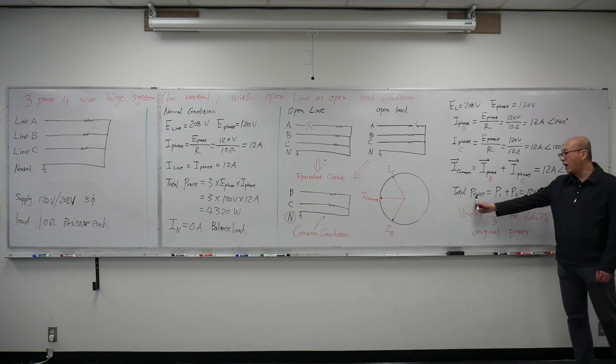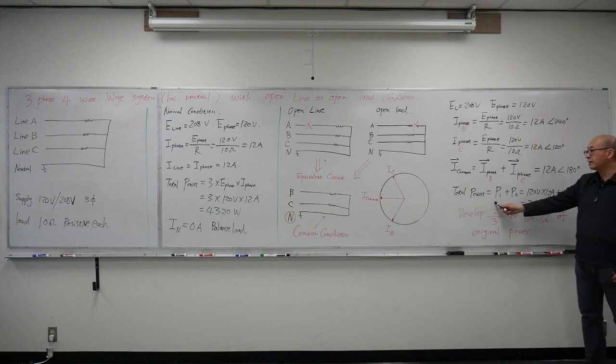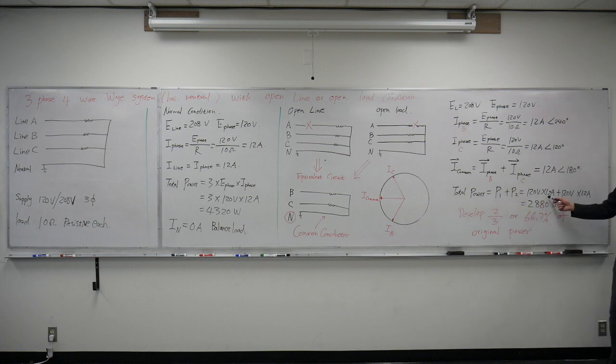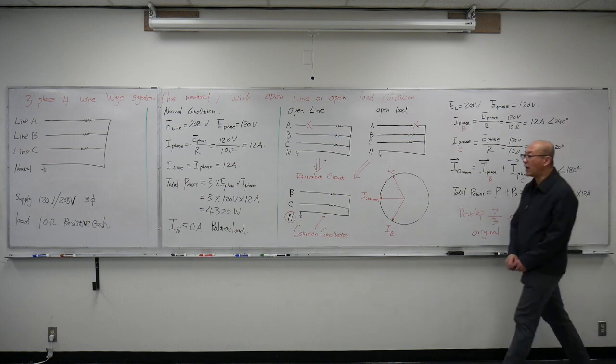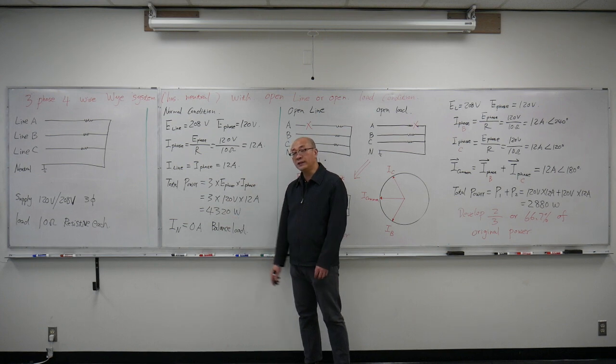Now we calculate the power. We only have two phases in there, and these two phases each develop power. The power we calculate by using volts times amps. Now we have a total power developed in the circuit of 2880 watts. Compare this 2880 watts to the normal condition of 4320 watts.